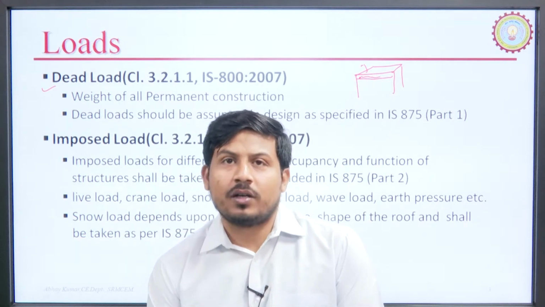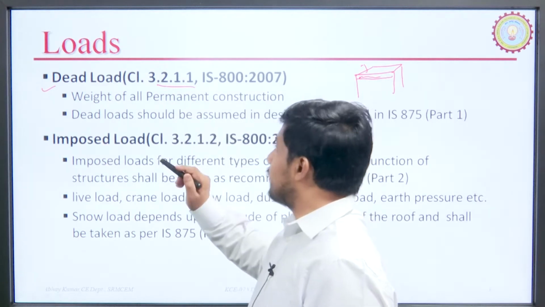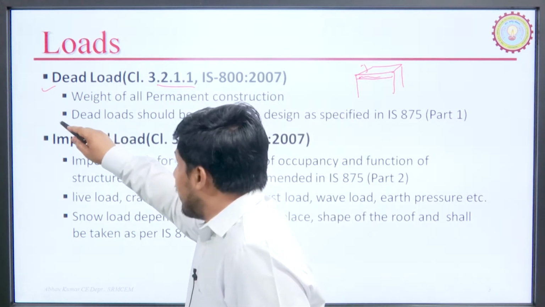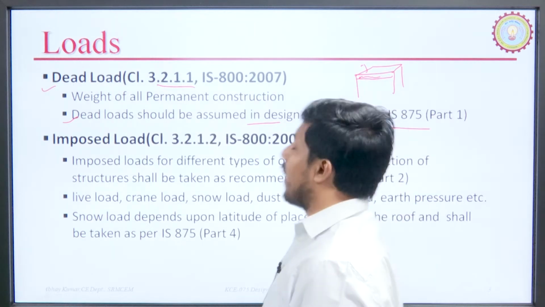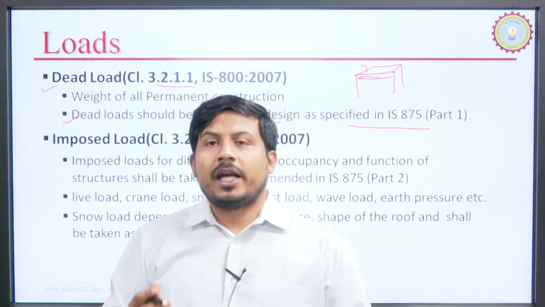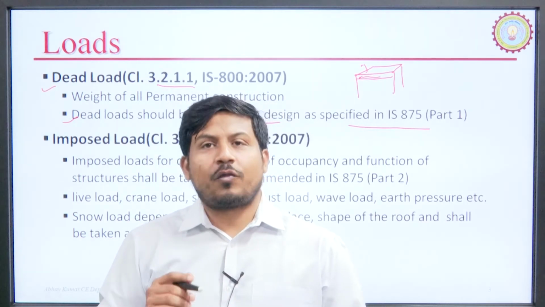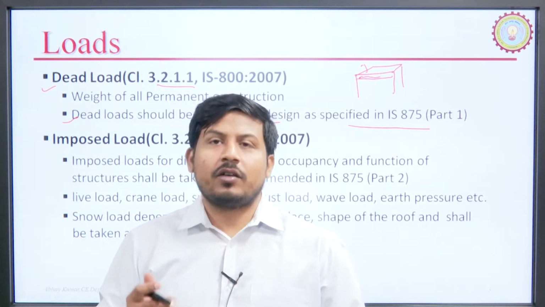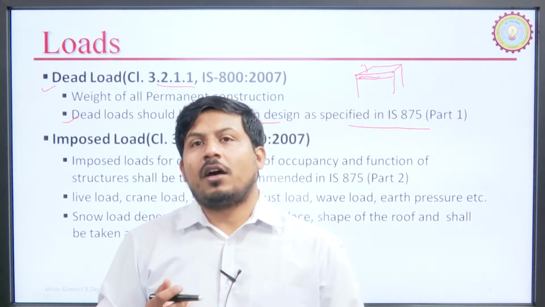Our IS code says in clause number 3.2.1.1 that dead load should be assumed in design as specified in IS 875 part 1. IS 875 part 1 is an IS code entirely dedicated to the calculation and consideration of the dead loads of various construction materials available.